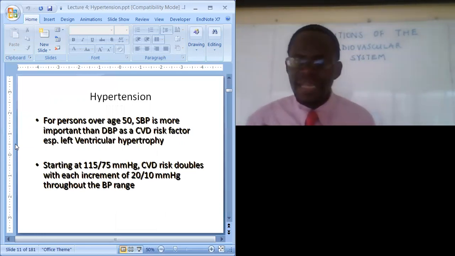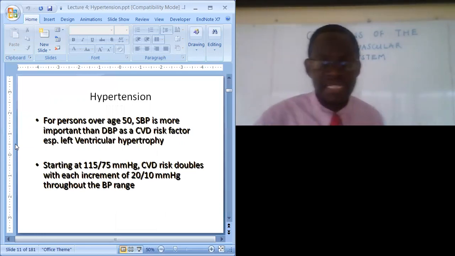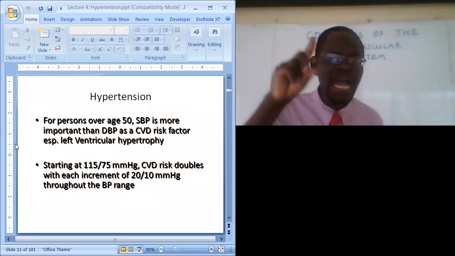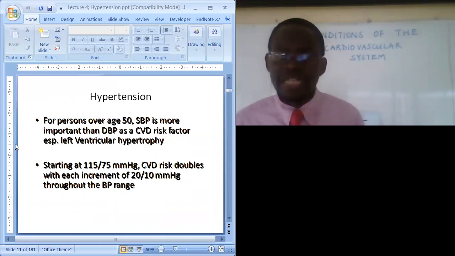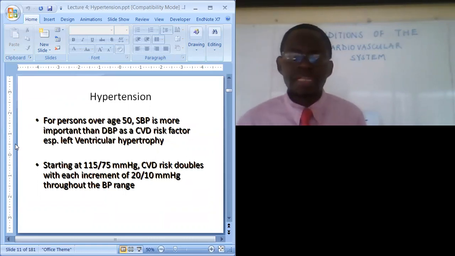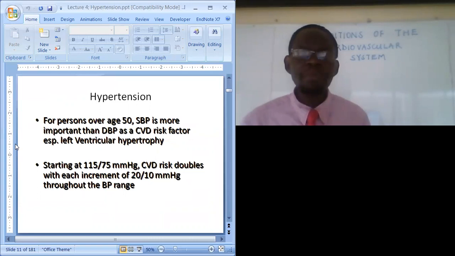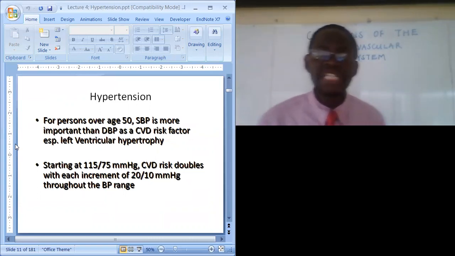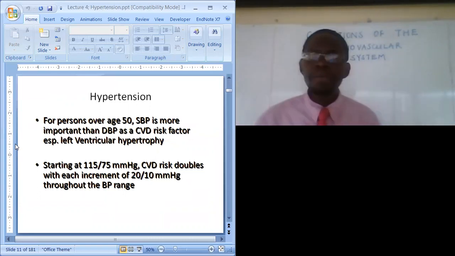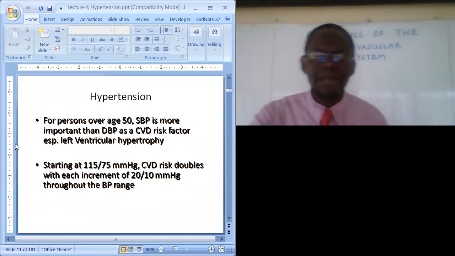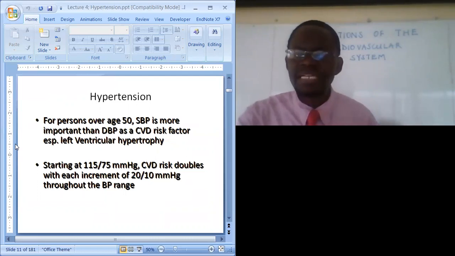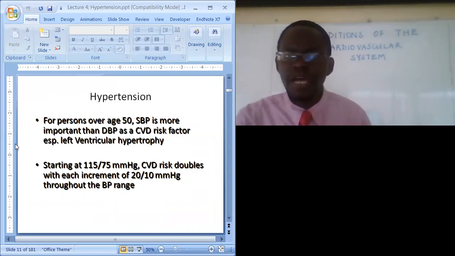I repeat, of the two pressures, the systolic blood pressure is more important, because it is associated with a lot of cardiovascular risk factors, like for example left ventricular hypertrophy.